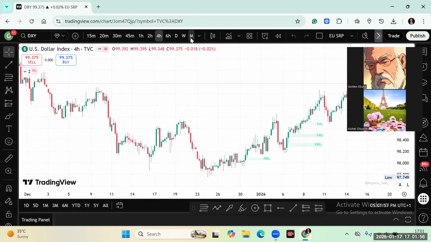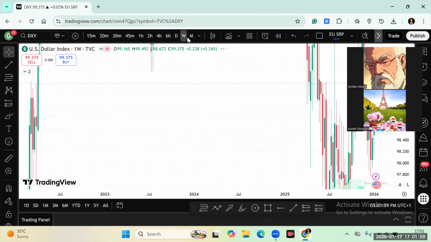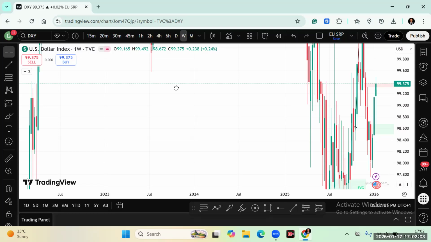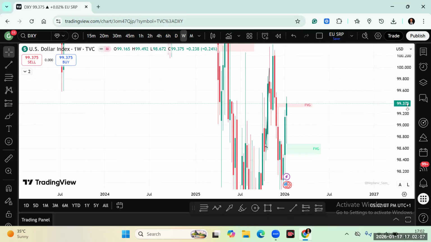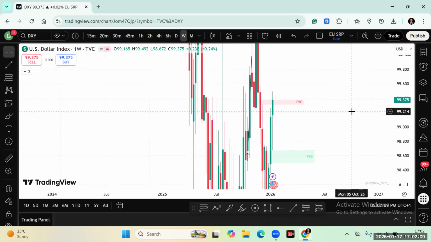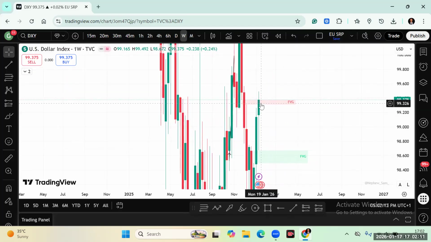So we have already analyzed the monthly chart the other time. I want to look at this week to see what this week gave us. Last week was bullish, this week also ended bullish. It means that we're expecting more higher prices for the US dollar.